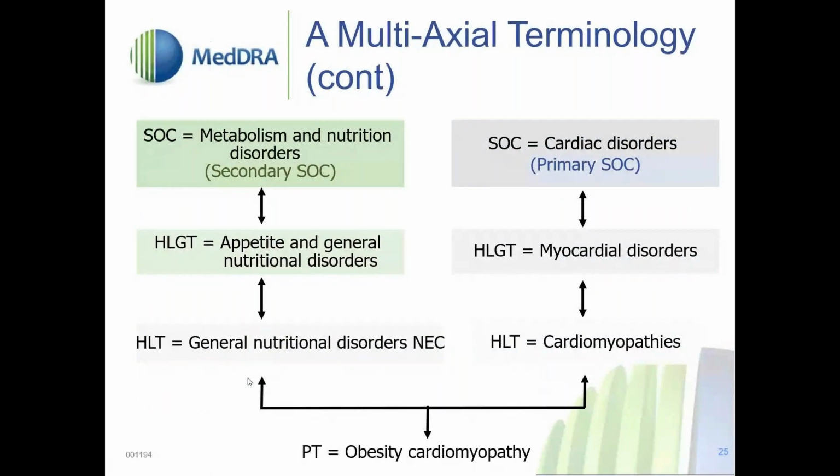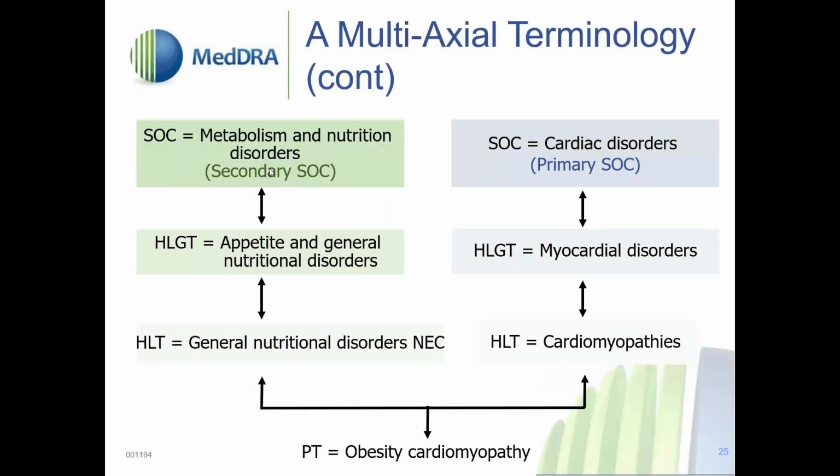Here an example using PT obesity cardiomyopathy. It has cardiac disorders as primary SOC, representing the site of manifestation, and a secondary linkage to SOC metabolism and nutrition disorders, representing the etiology of the condition.